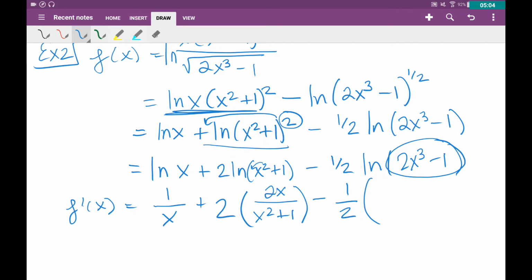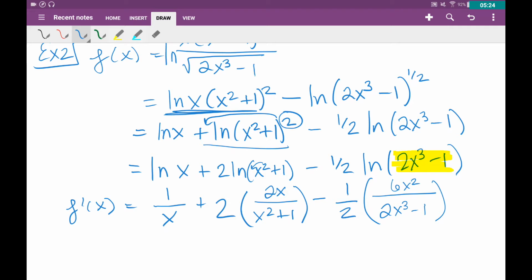Okay, actually, let me undo that. Let me highlight it. So I'm going to take the derivative of all the highlighted stuff, and the derivative of that is 6x squared. And then on the bottom, you just put all the highlighted stuff on the bottom. So 2x cubed minus 1.